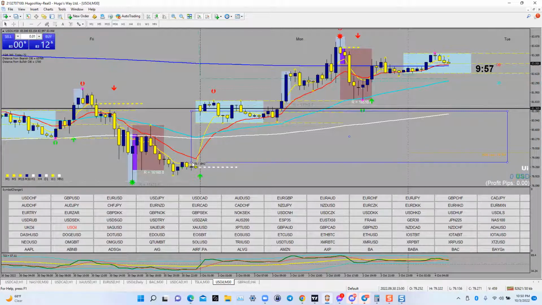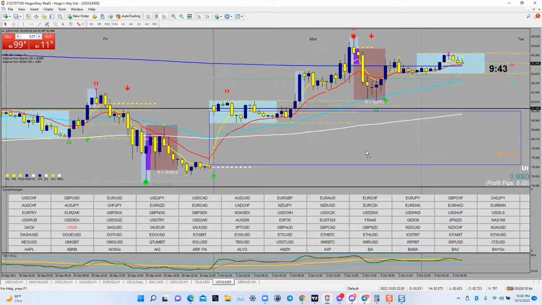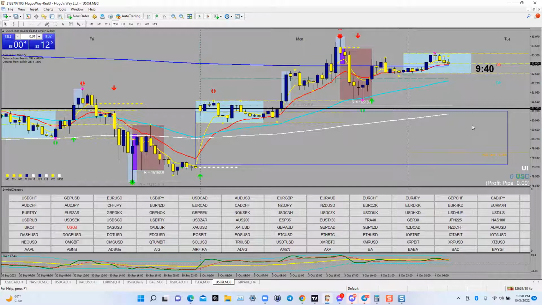So this thing went from here up, and then it's in the gap, but it's got to come back and fill this some kind of way. It's going to come and fill its gap sometime today, or it may not, but eventually it will. It's going to come down to 79, and this is a trade. Once it comes down to here, it's a trade.